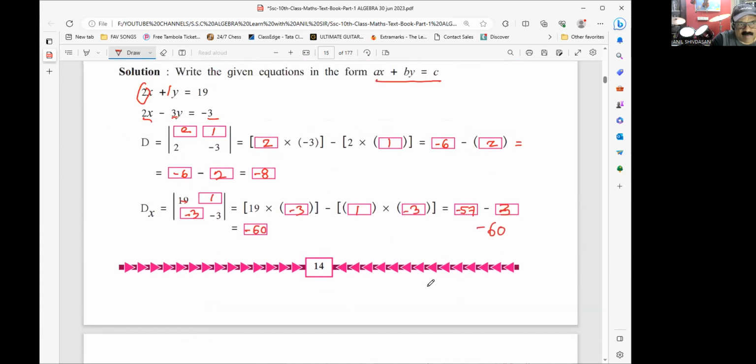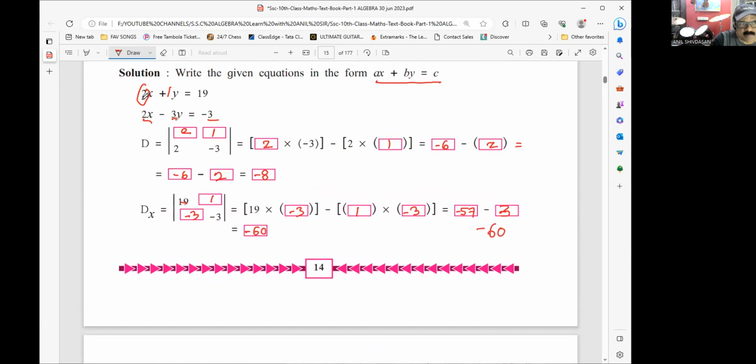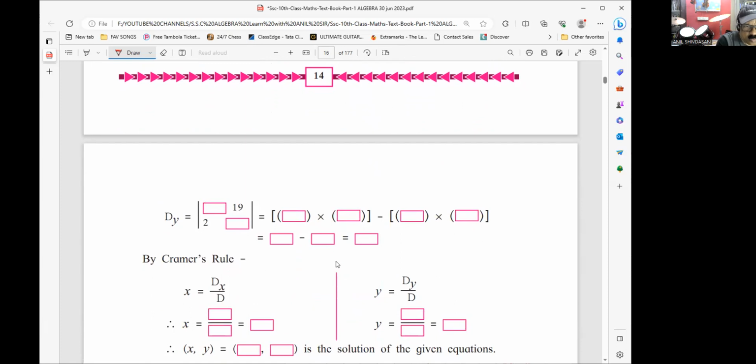Then what is Dy? Dy would be 2, 19, 2, minus 3. So what you get here is 2 into minus 3 minus 19 into 2. 2 into minus 3 is minus 6.